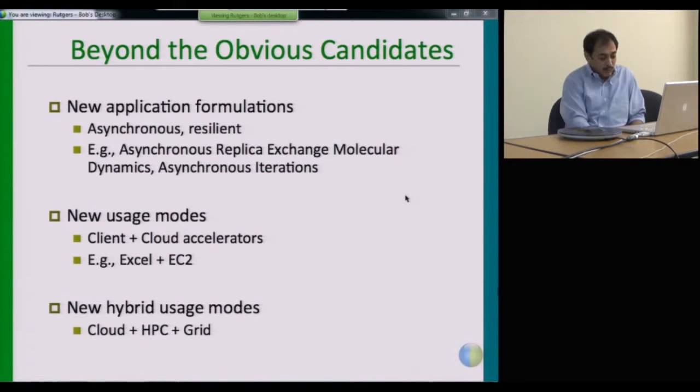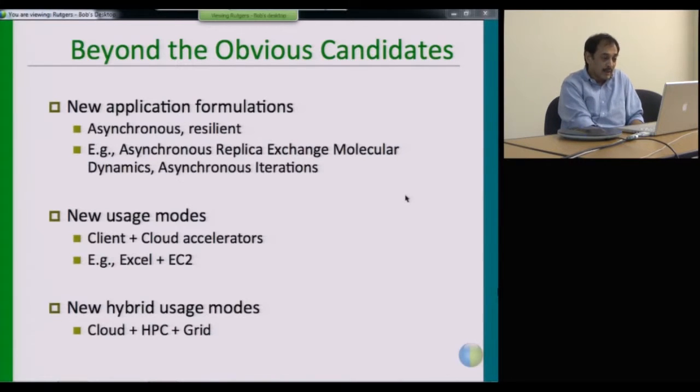So what we were trying to do in some of our work, and what other people are trying to do, is to see, this is a nice experiment to run your application on clouds, but can we think beyond these obvious candidates? For example, rather than guarantee reliability and assume that faults don't happen, which is traditional for a lot of the supercomputing platforms, clouds tend to give you a lot more flexibility and scalability, but do not provide the same level of guarantees, or one cannot make the same assumptions in terms of reliability on cloud platforms.